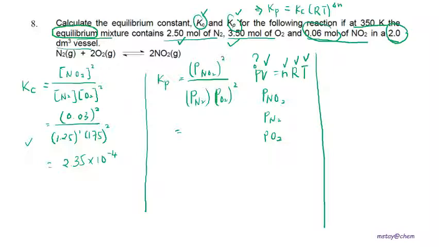So if we want to make it simple, then we can use the formula like we mentioned just now, Kp equal to Kc RT delta N. Kc is already calculated over here, 2.35 exponent negative 4, and then we multiply with R, which in this case we always use 0.08206, multiply with the temperature, which is 350.